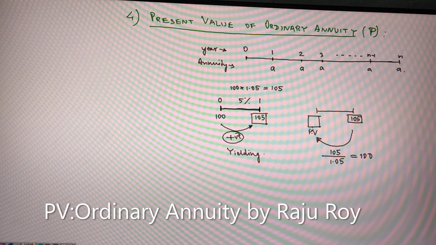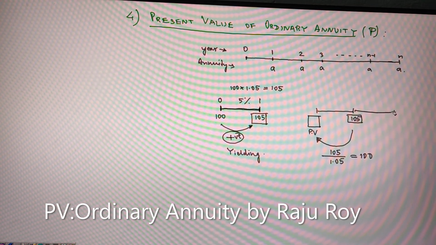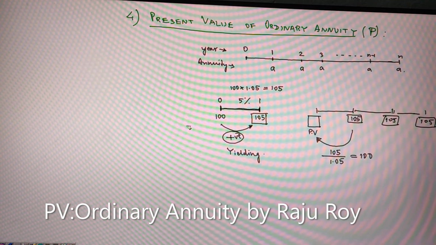You are paying now, and you want to gain a certain amount at equal intervals of time. So suppose you want 105 rupees every year, for how many years? For that we are going to do the calculation.